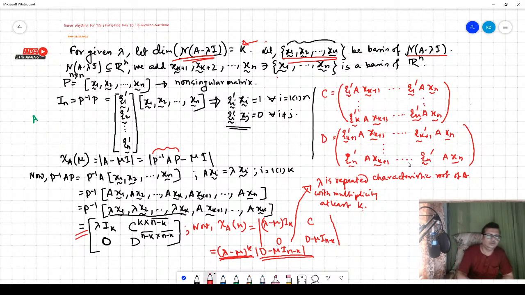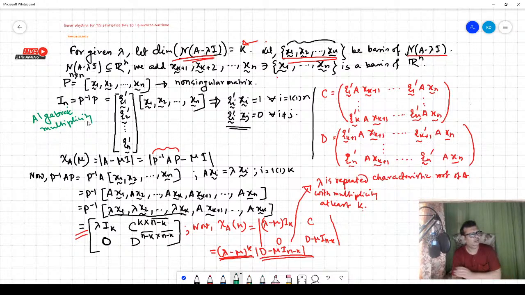Okay, so hence algebraic multiplicity... yes Dishari, is it right now? Tell me. Thank you for your comment. You are right. The last row should be xi n instead of xi k+1.